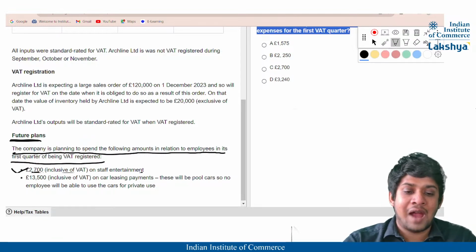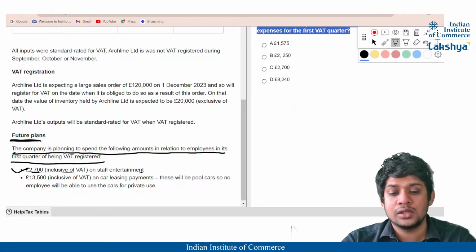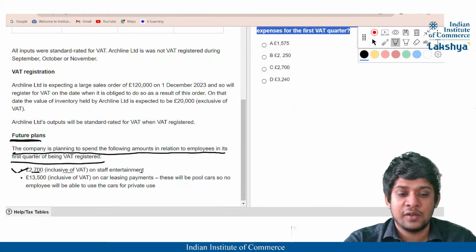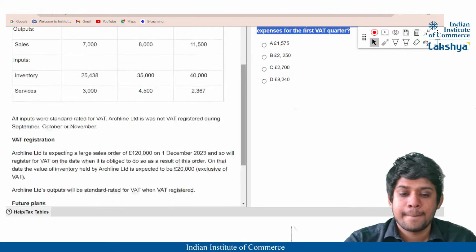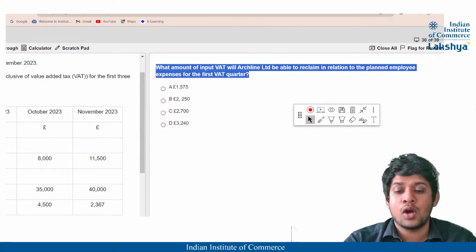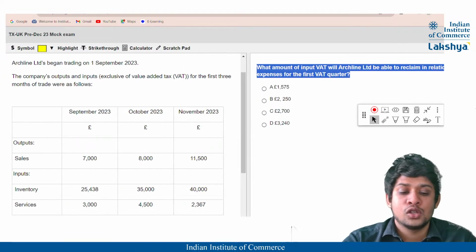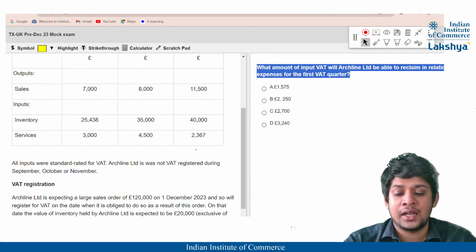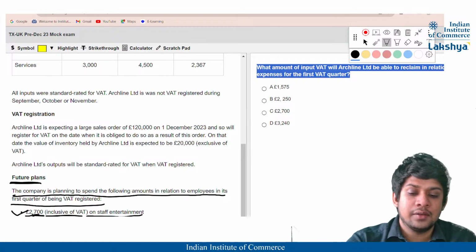I'll have to calculate the VAT amount because what they are asking in the question is what amount of input VAT Archeline Limited will be able to claim. So I want to identify the input VAT that I can claim.